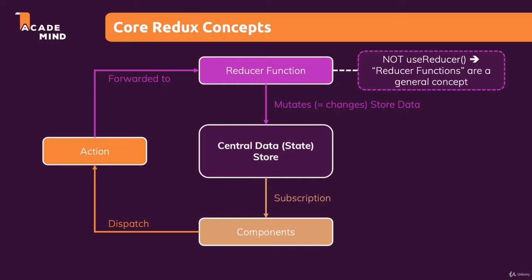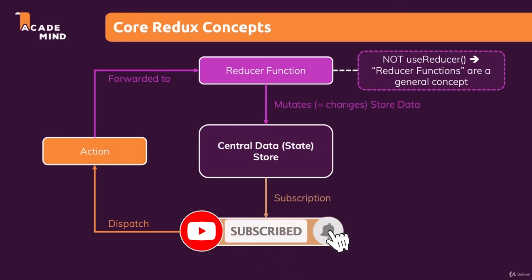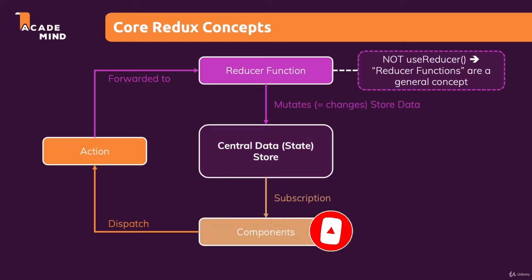And when that happens, when that state in that data store is updated, subscribing components are notified so that they can update their UI. That's how Redux works. Now, of course, that's all nice, that's great theory, but how does that look like in reality then? How does the code we have to write look like? Well, that's what we're going to explore now.